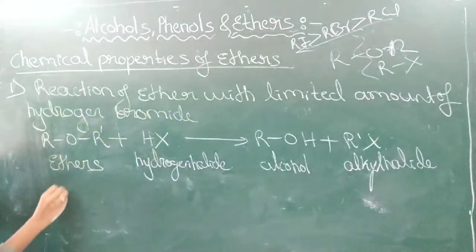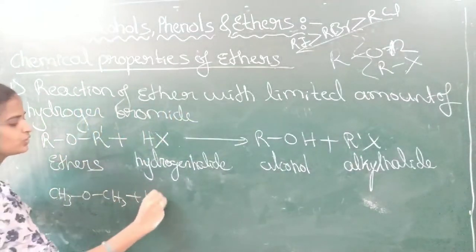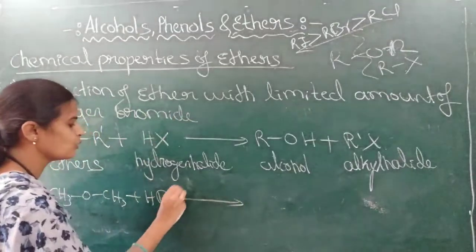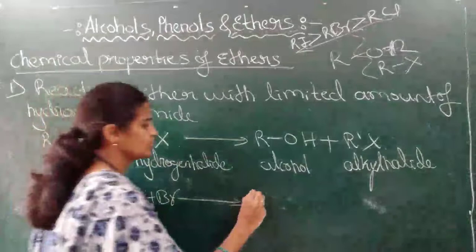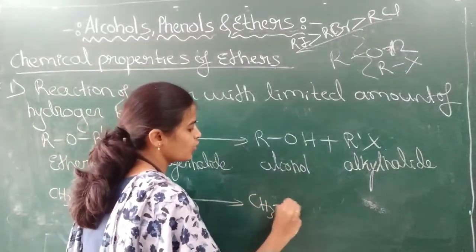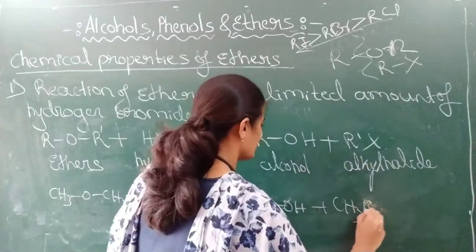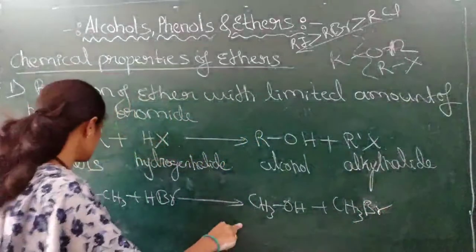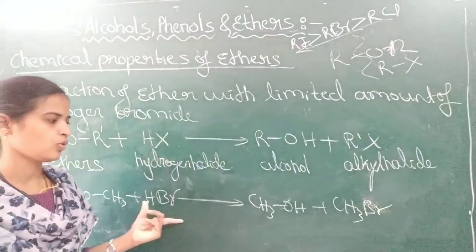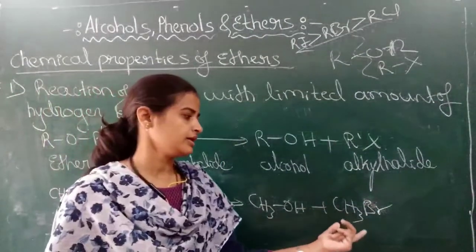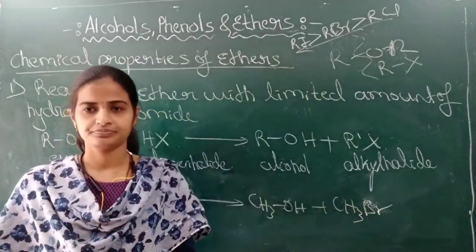Now we can write the example: CH3OCH3 plus HBr. Only one HBr I am using because of limited supply of hydrogen bromide. CH3OH plus CH3Br is formed. That is, when dimethyl ether is heated with hydrogen bromide, methyl alcohol and methyl bromide are the mixture of products formed.